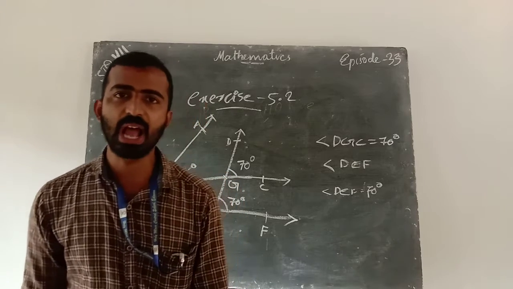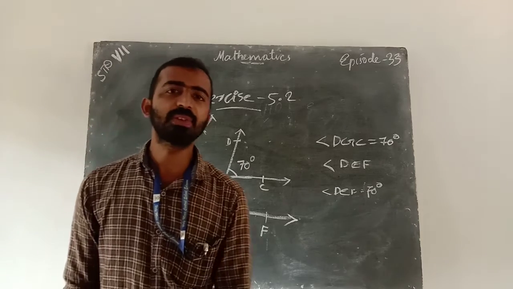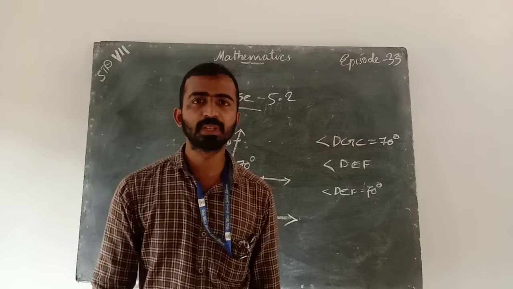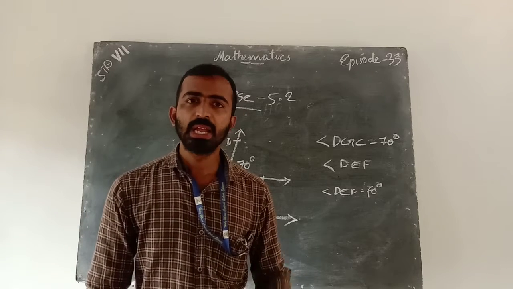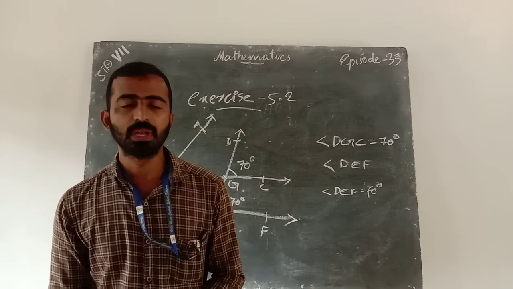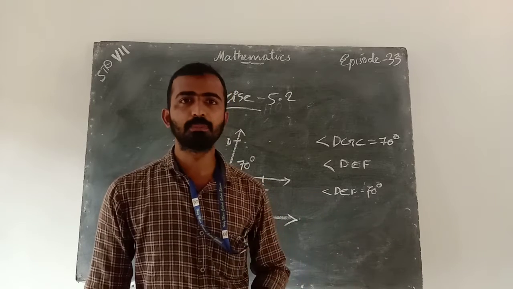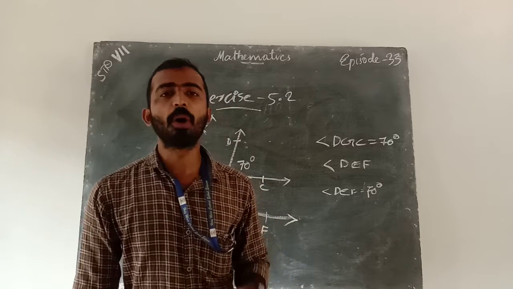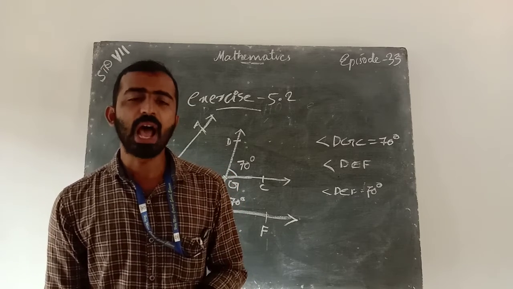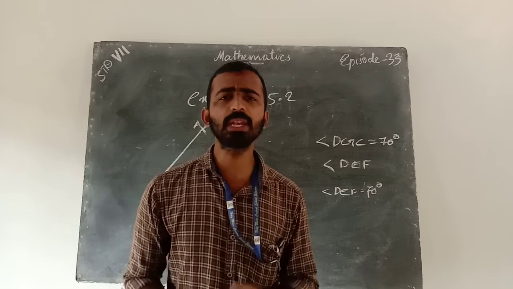First, we discussed triangles, and we already know that in a triangle the angle sum is 180 degrees. In triangles, three types of angles occur. An acute angle is below 90 degrees, an obtuse angle is above 90 degrees, and a right angle means 90 degrees.